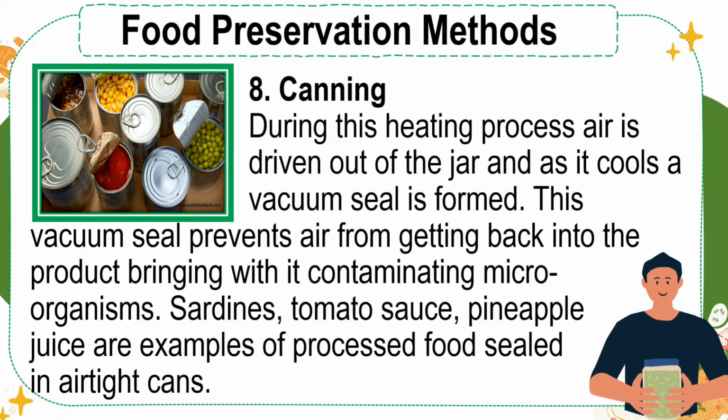During this heating process, air is driven out of the jar, and as it cools, a vacuum seal is formed. This vacuum seal prevents air from getting back into the product, bringing with it contaminating microorganisms. Sardines, tomato sauce, and pineapple juice are examples of processed food sealed in airtight cans.